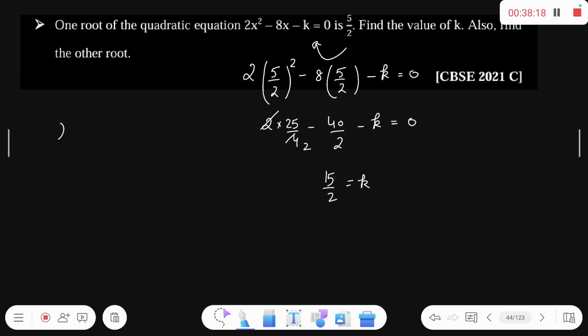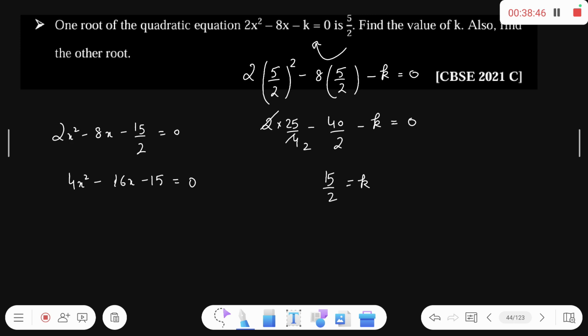It becomes 2x square minus 8x minus 15 by 2 equal to 0, or 4x square minus 16x minus 15 is equal to 0. Now you can solve this equation and find the other root, other than 5 by 2.